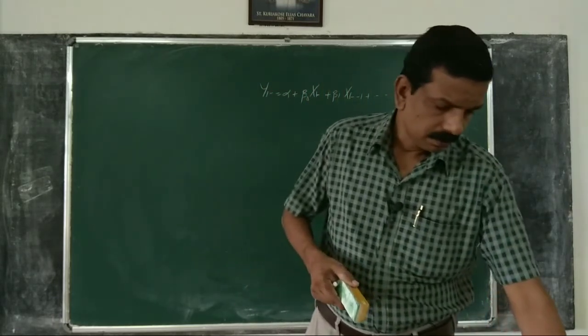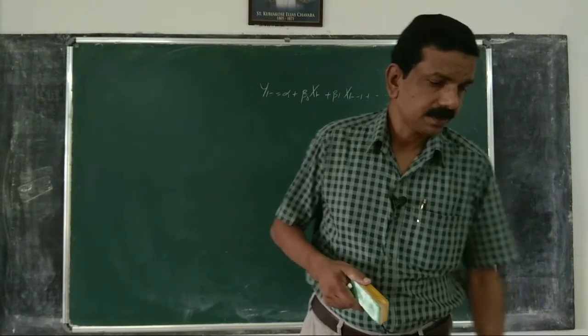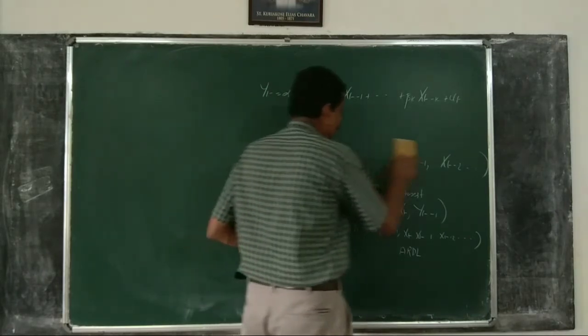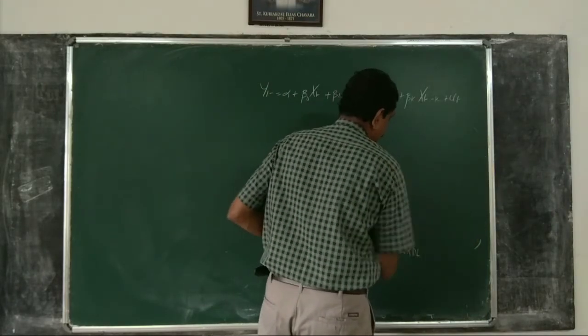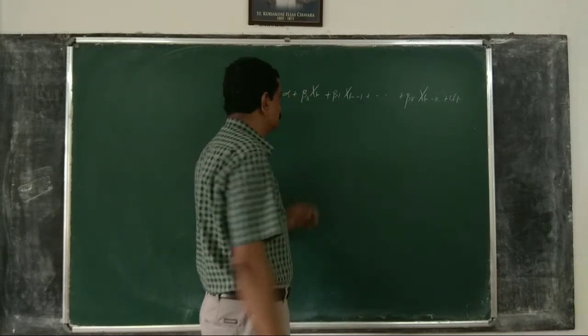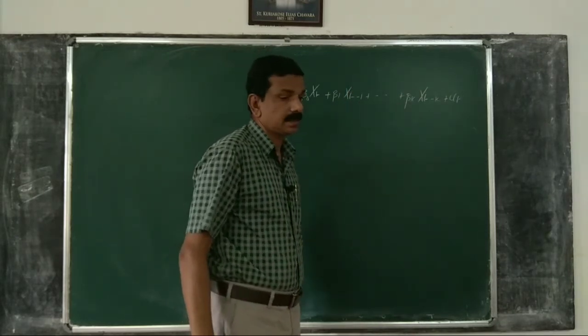Now, to give an interpretation to the coefficients betas, let us see how we interpret the coefficients betas in this distributed lag model. Yt depends on xt, xt minus 1, etc., xt minus k.